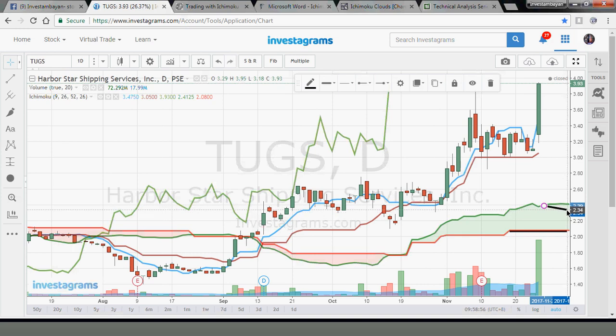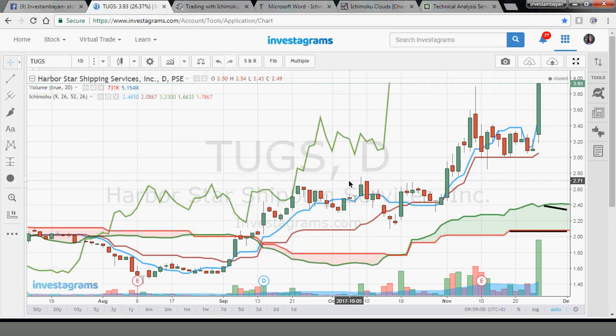Ito yung ano niya. So, ganito siya. Pababa siya. Si SSB, Senkou Span B, flat naman siya. So, that means na pwedeng may major pullback na mangyayari or reversal na talaga. So, you really have to check, may idea ka na reversal na pala to.